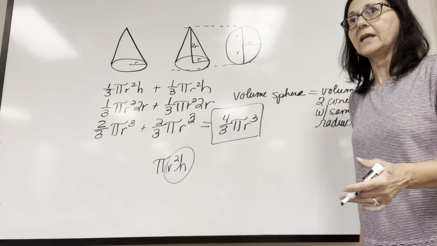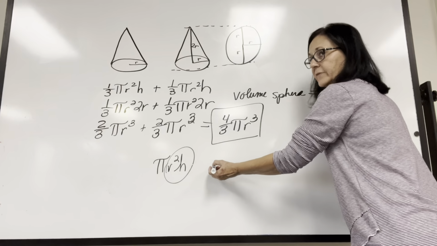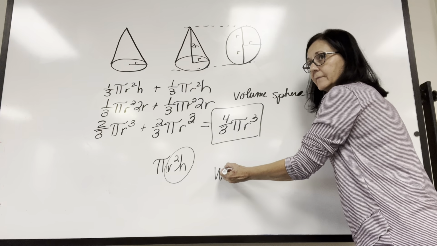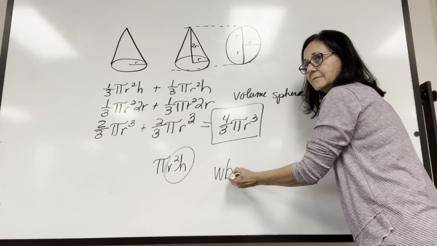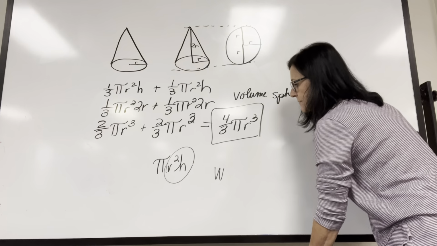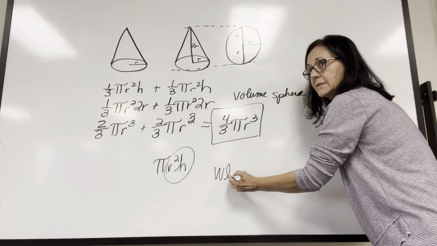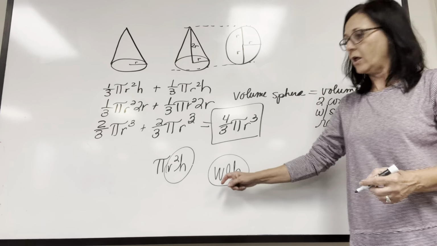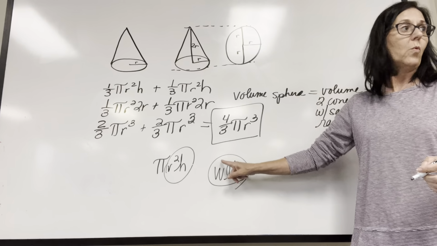If it's a rectangular base, it's width times length, times height. That's a 3rd degree term. All the variables, you add the exponents. 1, 2, 3.